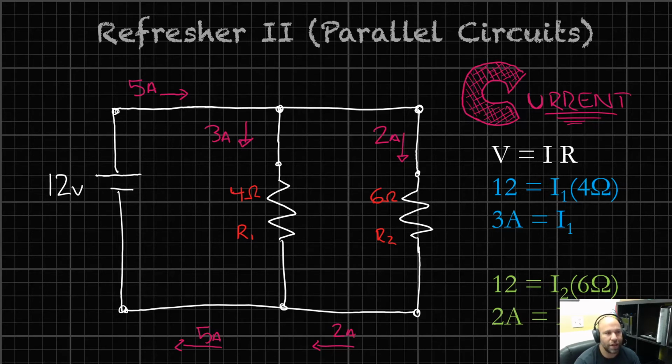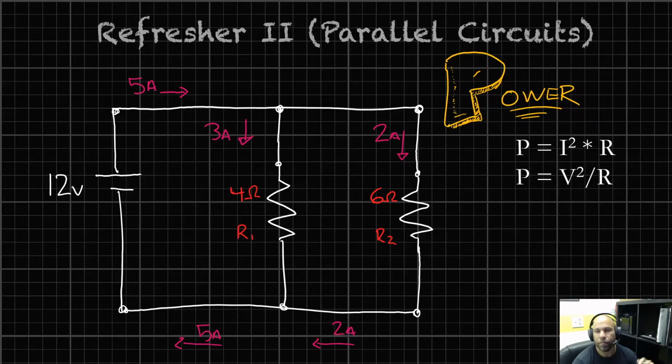All right, so let's talk about power, because we didn't really get into detail in that last module, but it's worth mentioning that we have some tools at our disposal here. When we're talking about power, we essentially have two go-to formulas. There's three really, but let's focus on these two so that we can figure out how much power is going to be used up within components of our parallel circuits.